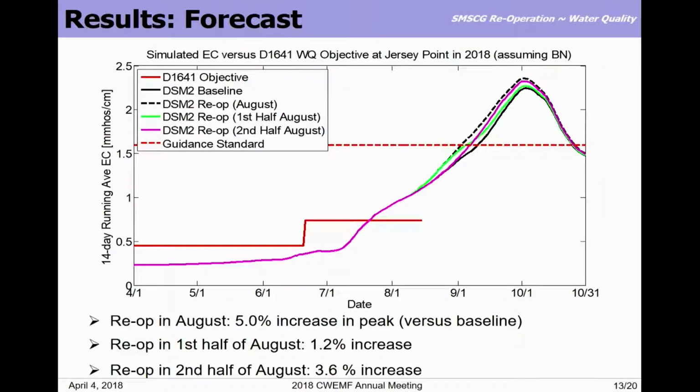You see the reoperation is the dash line here, and the two scenarios in between are kind of a half operating period. So I think right now people's concern is how badly we're going to violate, how well we're going to do if we violate this.